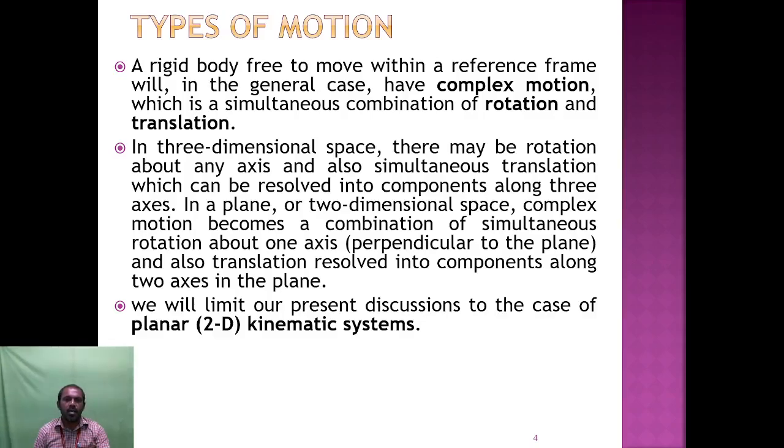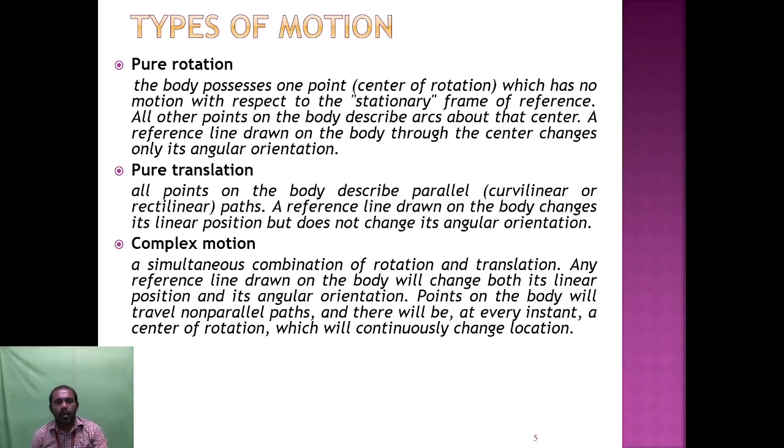So 3-dimensional space has 3 translations and 3 rotations, and 2-dimensional space, or in a plane, we have a combination of rotation about one axis and translation along the other axes. We will limit our present discussion to the case of planar, 2-dimensional kinematic systems. Already I told you the types of motion of kinematics: rotation, translation and complex motion.